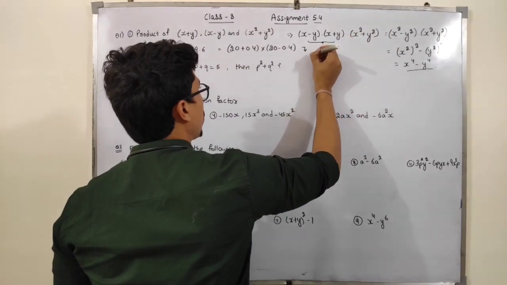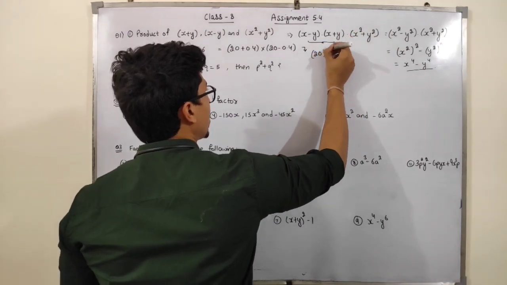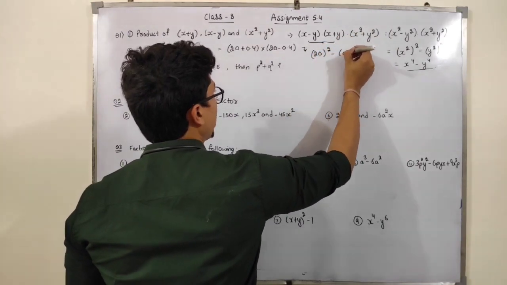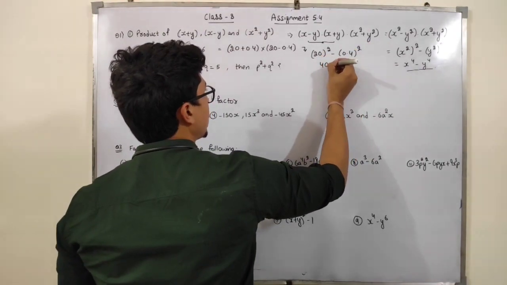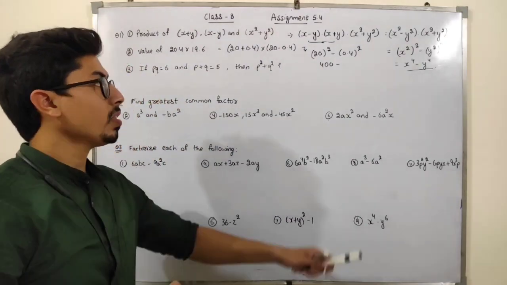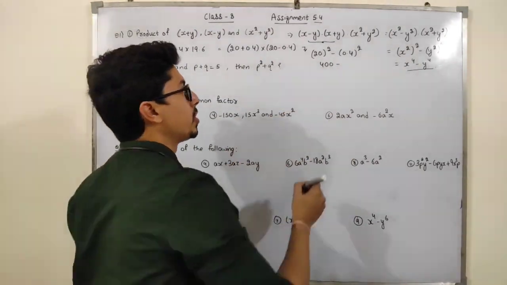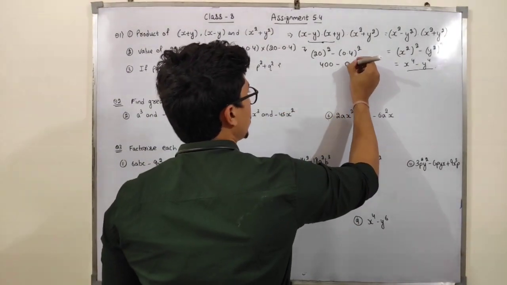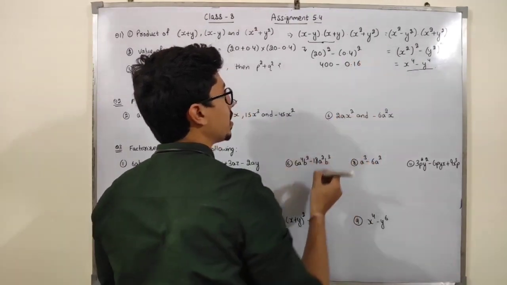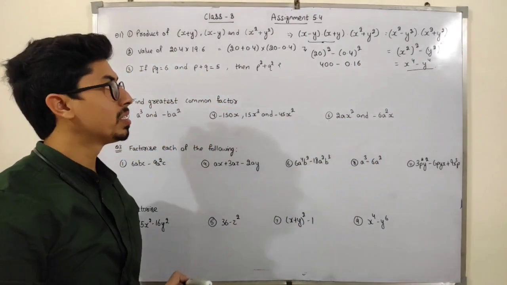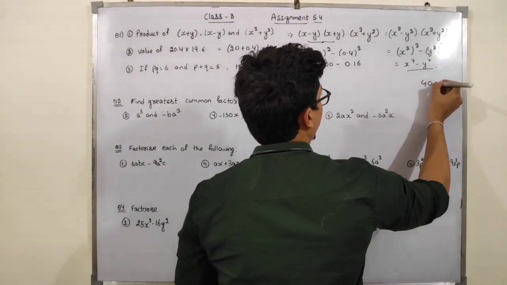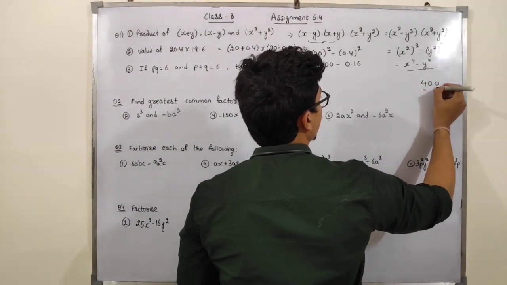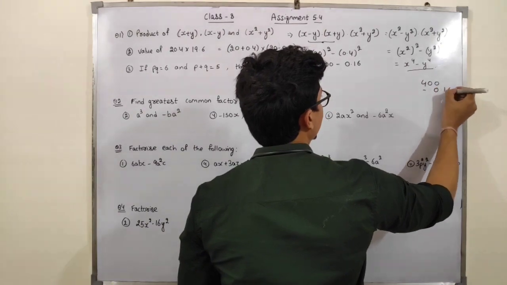Again I am using the same formula, a square minus b square. So 20 square is 400 minus, it will be, students, how much? 0.16. It will be 0.16, and if I just subtract them, students, see, 400 minus 0.16.